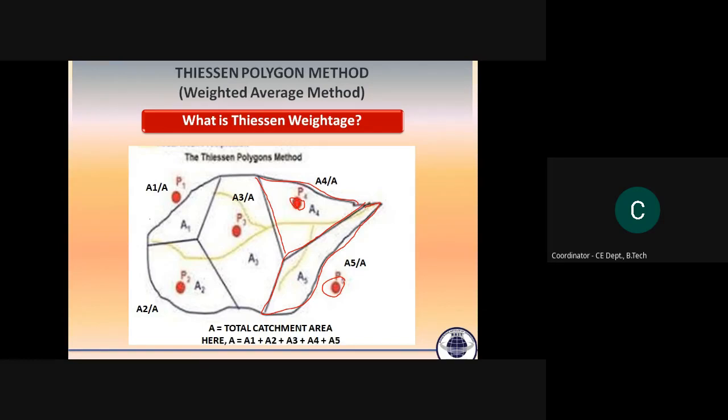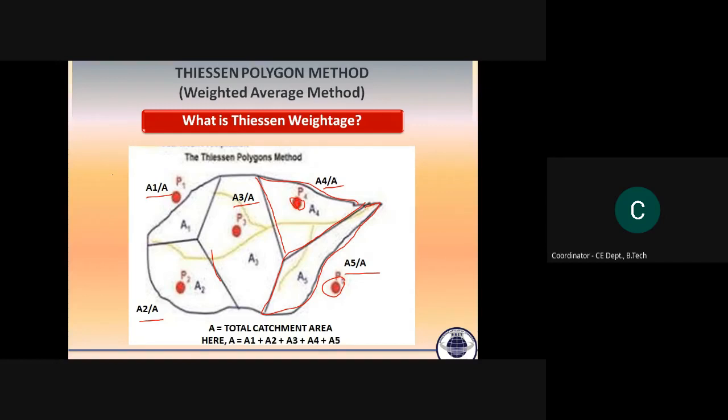For example, for point 3, our Thiessen weightage is the area enclosed within this polygon, that is A3, divided by the total area of the catchment, A. Now for point 4 it is A4 divided by A. For point 5 it is A5 divided by A. Similarly like that. Clear till now? So these are the Thiessen weightage.